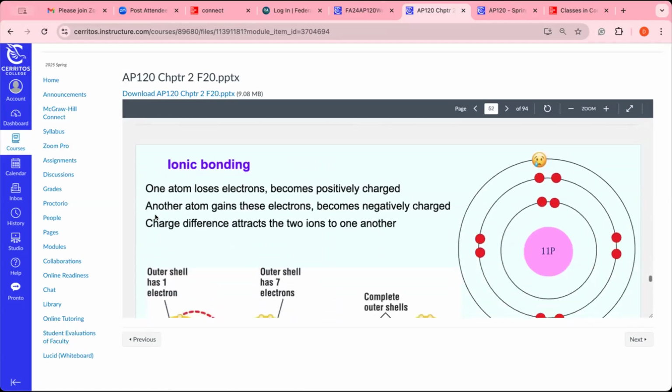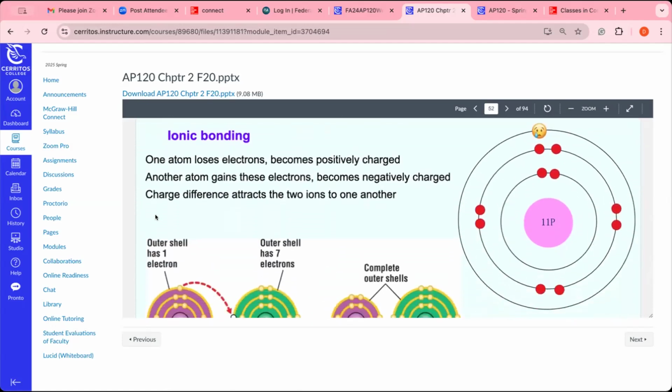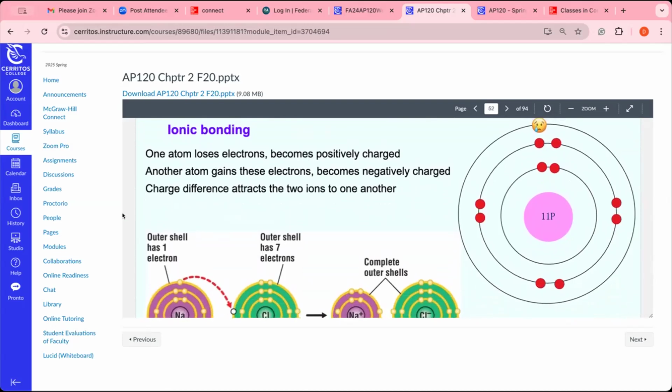Okay, so now we've talked about hydrogen bonds and covalent bonds. What about ionic bonds? Well, in ionic bonds, you have one atom that loses an electron because they donate their electron, or they give up their electron.